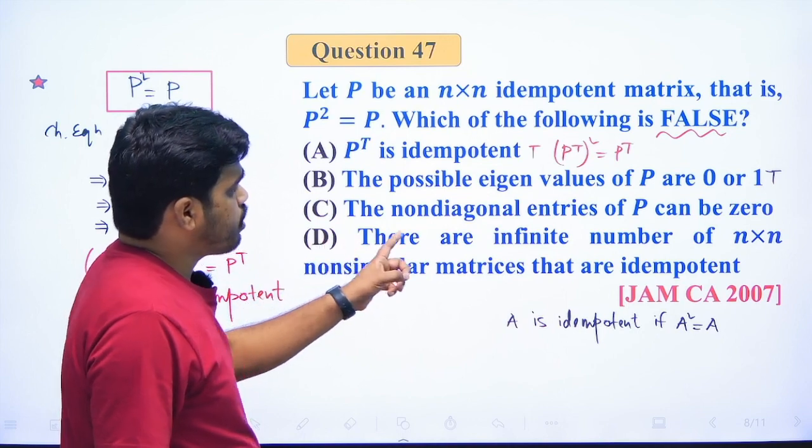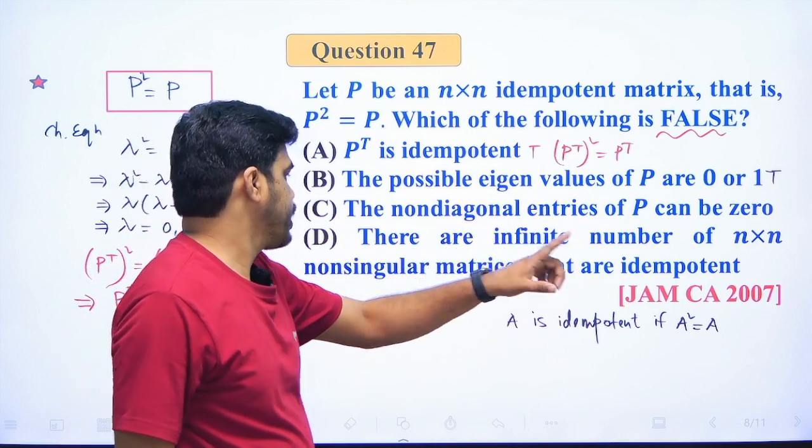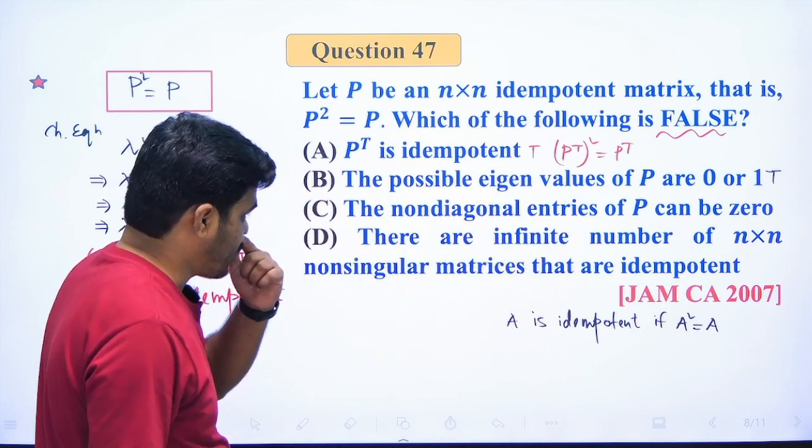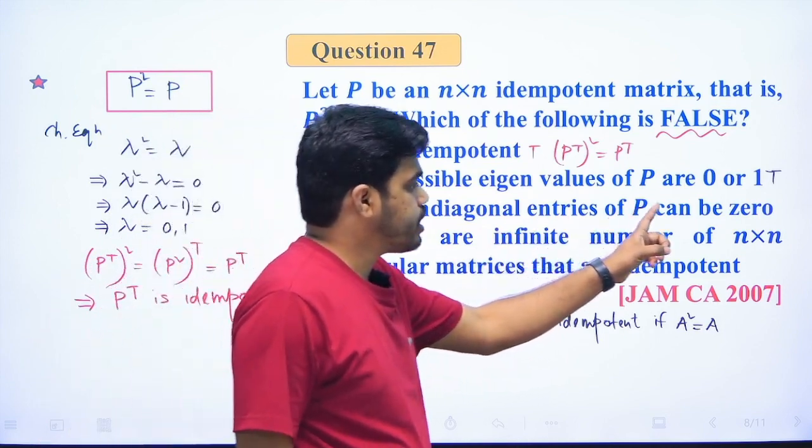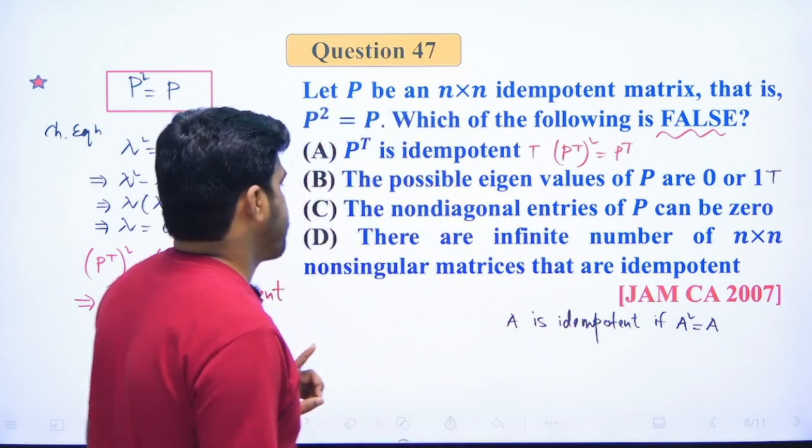The non-diagonal entries of P can be 0. The non-diagonal entries, that means the entries that are not diagonal elements, can be 0. That is true.